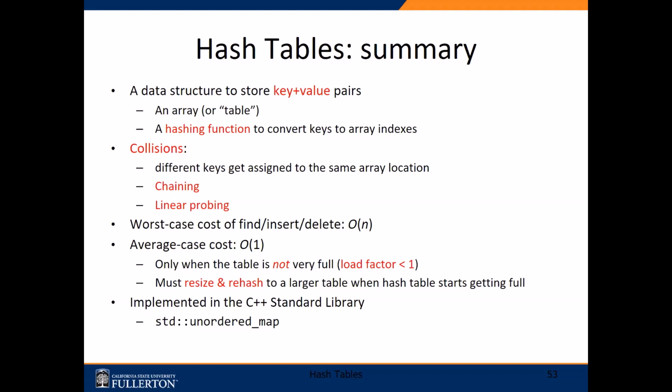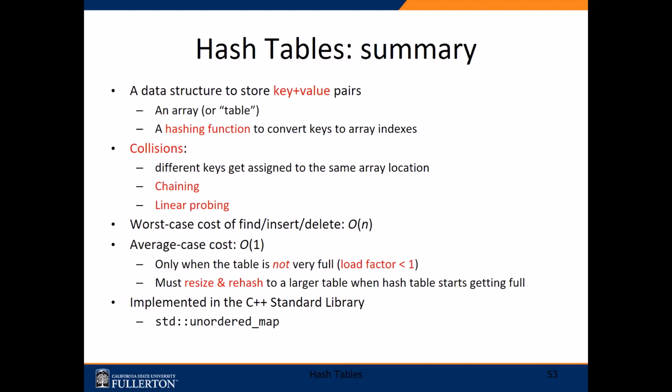With both these approaches, the worst case cost of finding, inserting, or deleting items in a hash table is O(n). This is not impressive, but if we consider the average case, this is much better at O(1), that is, constant time. Okay, so our initial goal of reaching a constant time data structure was only partially realized. We could not reach constant time in the worst case, but only in the average case.